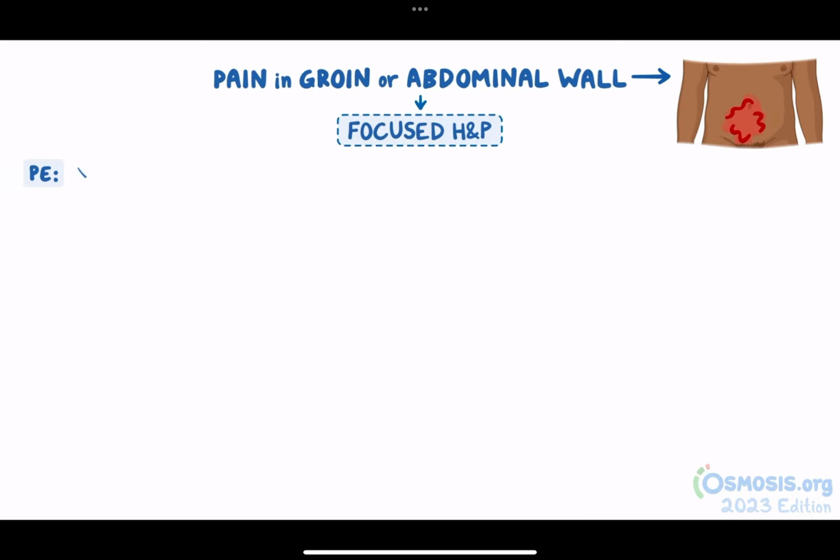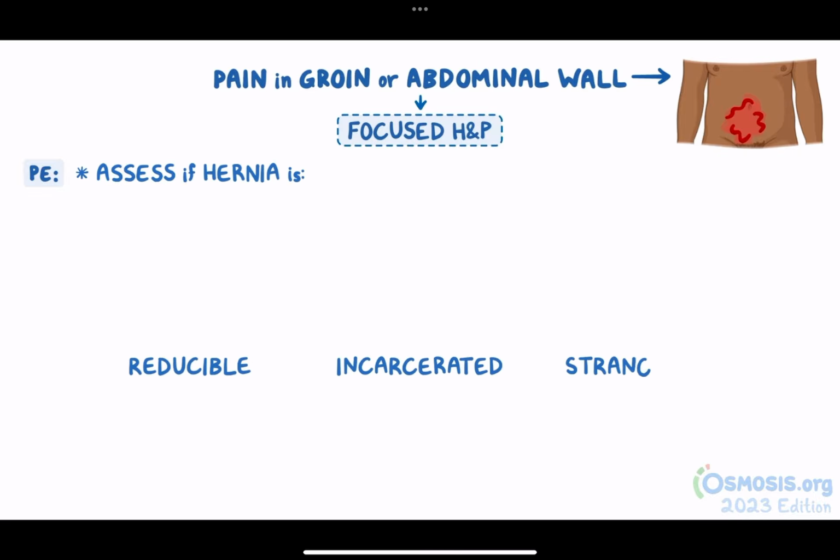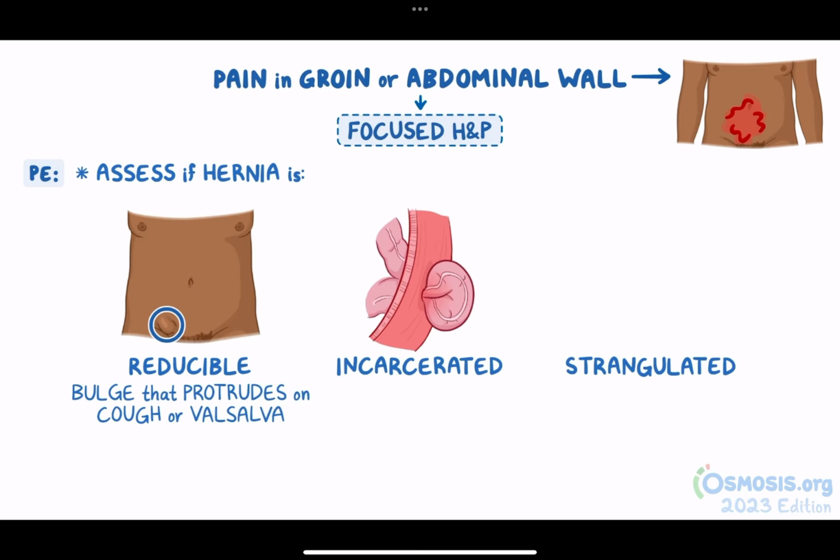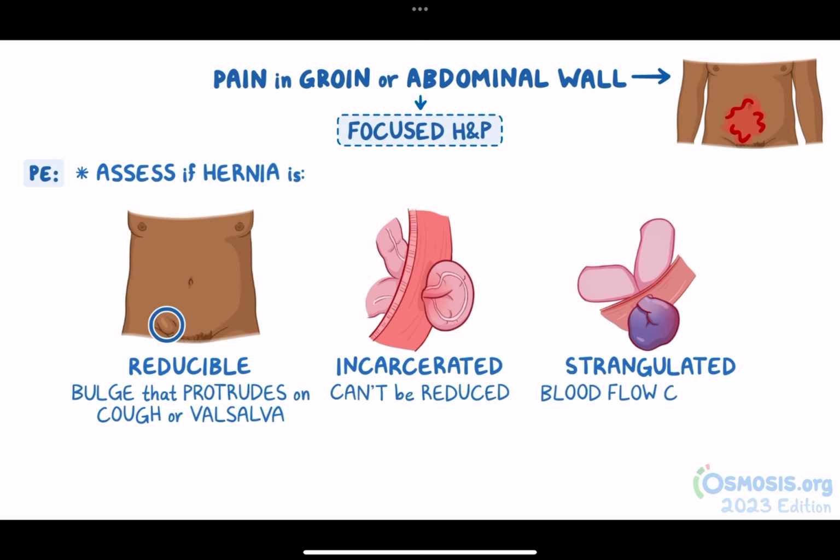On exam, you must assess if the hernia is reducible, incarcerated, or strangulated. Patients with a reducible hernia will have a bulge that protrudes on cough or valsalva. On the other hand, the contents of an incarcerated hernia become trapped and can't be reduced. Lastly, a strangulated hernia is a complication of incarceration where the blood flow to the trapped bowel is cut off, leading to bowel ischemia.